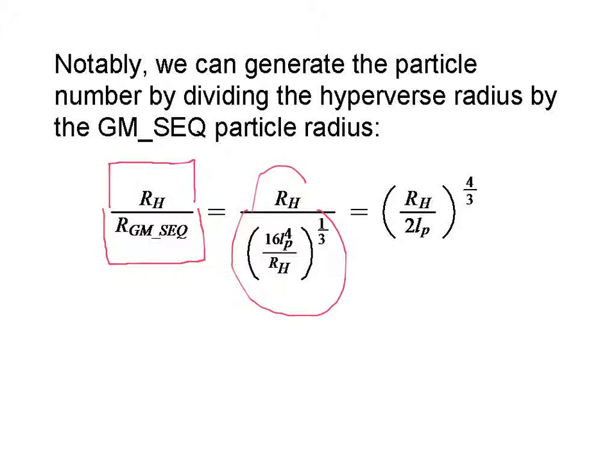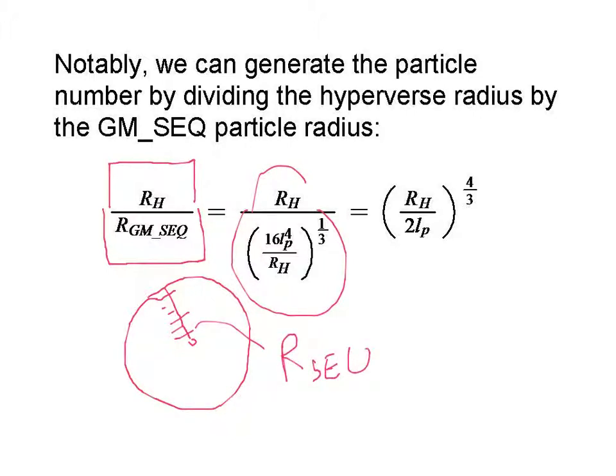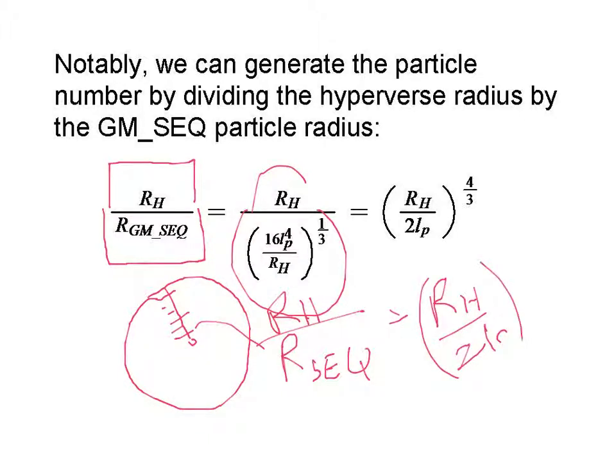This is rather analogous to when we take the radius of the hyperverse and divide it by the length of a small energy quantum radius. If we take r sub h divided by the small energy quantum radius, we get the large number, r sub h over 2lp squared, which is the number of SEQ.